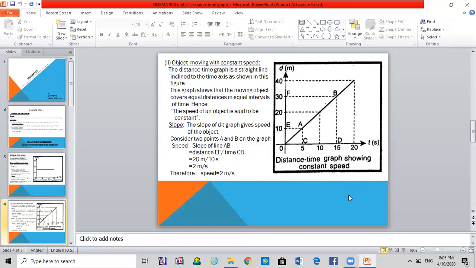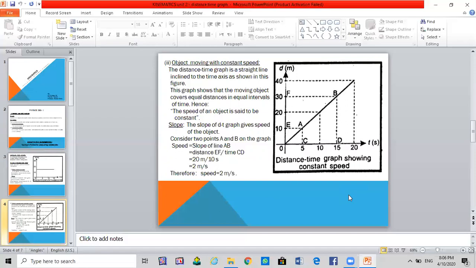Slope: the slope of the distance-time graph gives the speed of the object. Consider two points A and B on the graph. Speed is equal to the slope of the line AB, which is distance EF, the vertical component, divided by time, the horizontal component. The vertical difference is 30 minus 10, which is equal to 20.